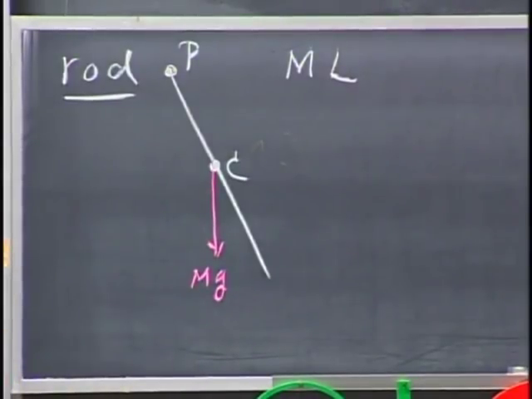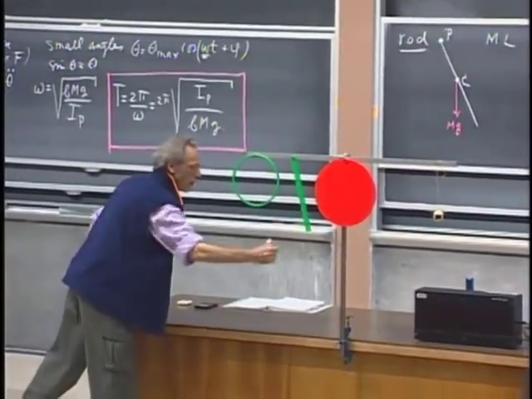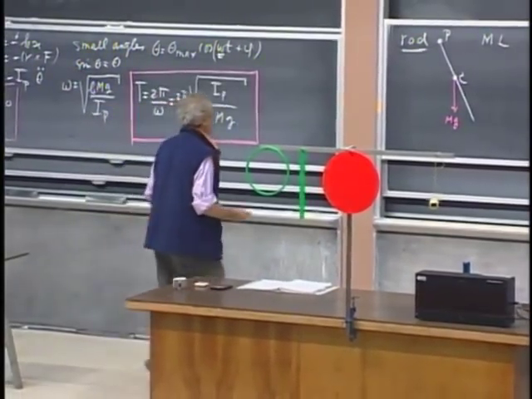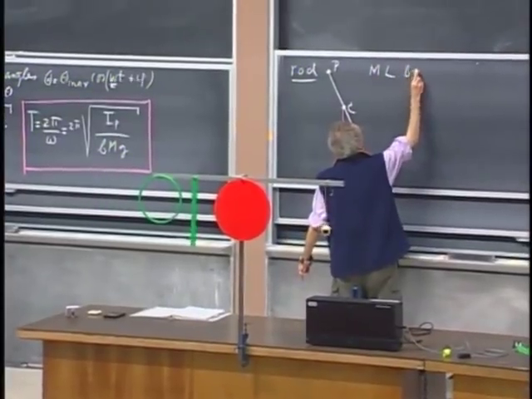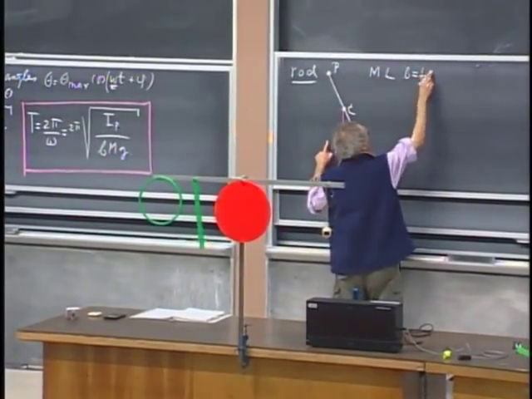I simply go to this equation, and I want to know what the period is of this oscillating rod. All I have to know now is what is the moment of inertia about P, and I know already that b in that equation equals 1/2 L.